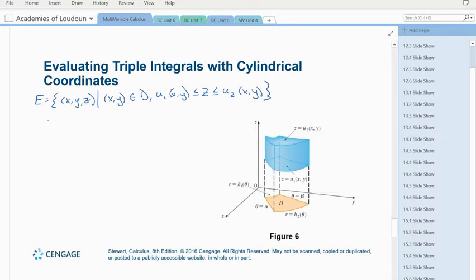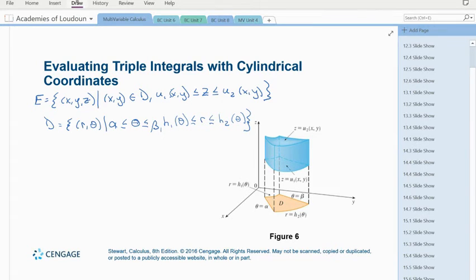And D is going to be given in polar coordinates by all points r, theta, such that theta is between alpha and beta, and r is bound by h1 of theta and h2 of theta.